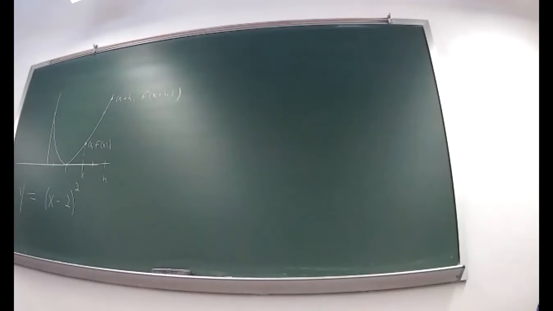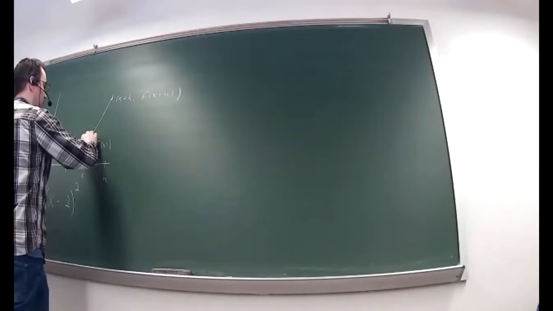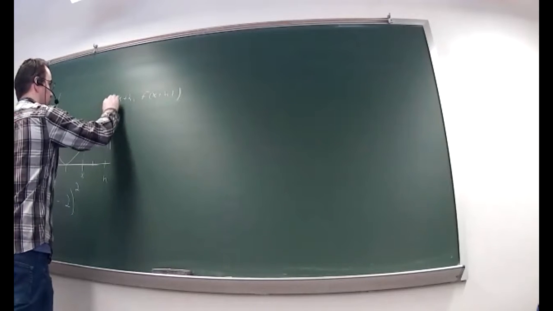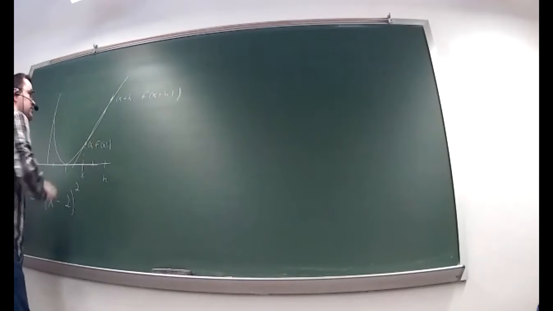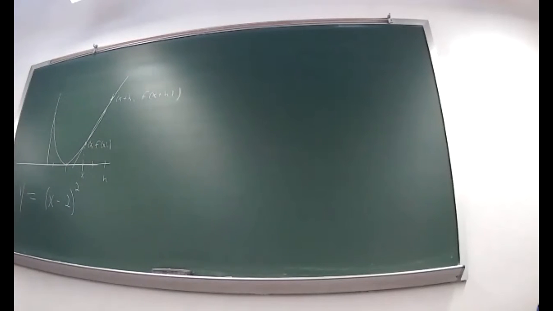And you can look at the average rate of change from these 2 points, which is just going to be the slope of the secant line between those 2 points. Secant line, of course, being the line that is determined by those 2 points.